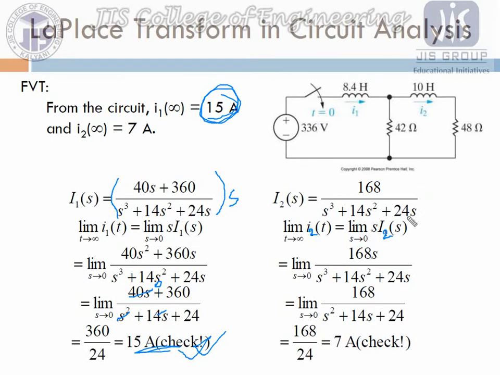So this is the value of I2 of s multiplied with s. Taking s as a common factor, it will be s square plus 14s plus 24. So s will be cancelled out, the numerator will be 168 and the denominator will be this one. If we put s tends to 0, these terms will tend to 0, and 168 by 24 is 7 ampere.